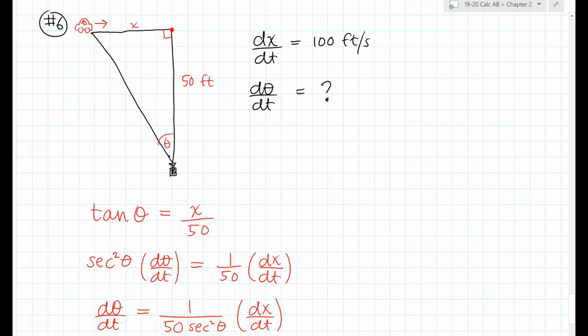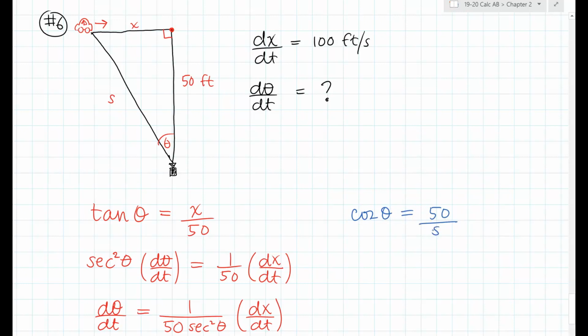When it's closest, is cosine of theta not 50 over s? Isn't cosine of theta equal to 50 over s?